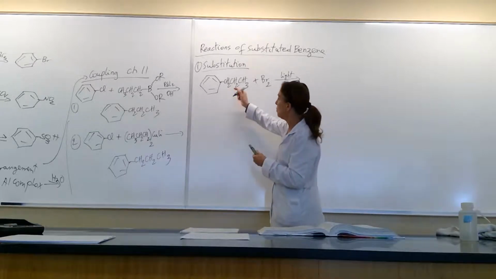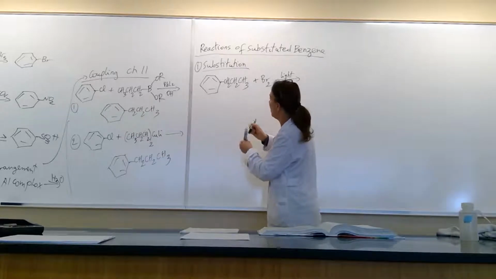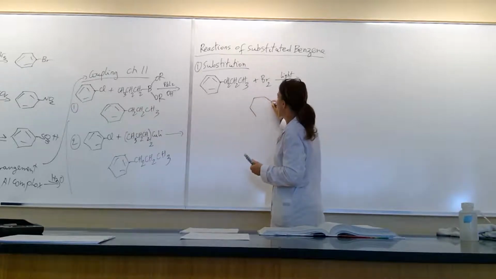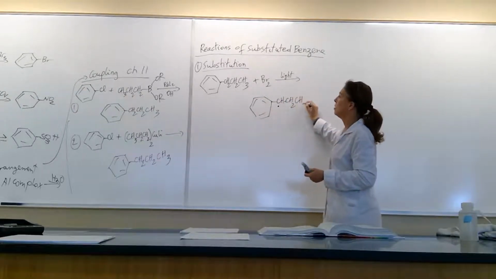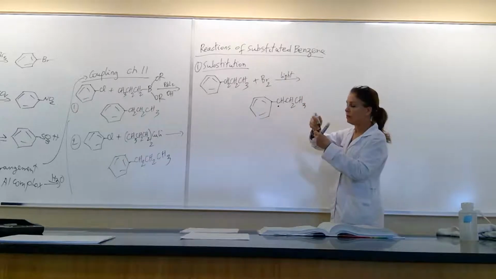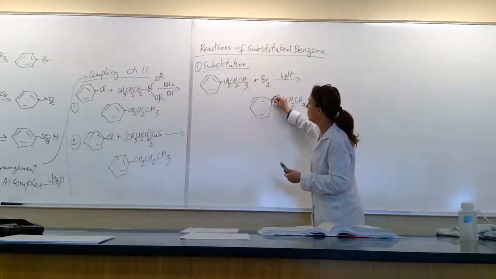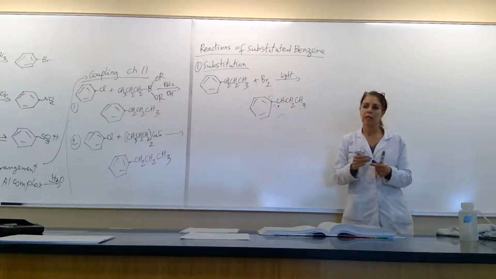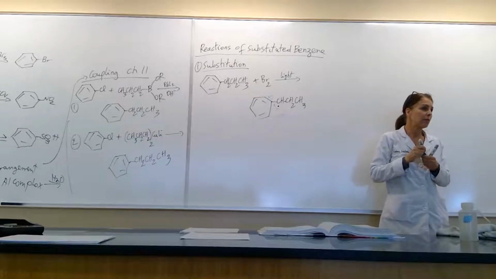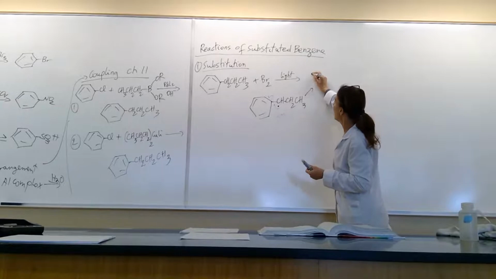So normally you end up with a radical like this as an intermediate, and that radical can be conjugated with the ring. Conjugated means it's always next to the benzene ring. That's the one that's more reactive.